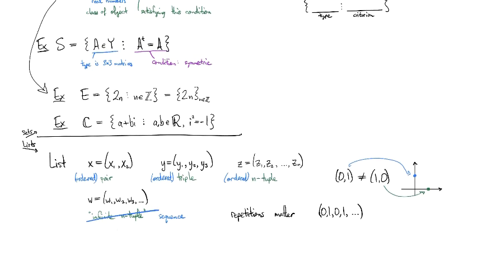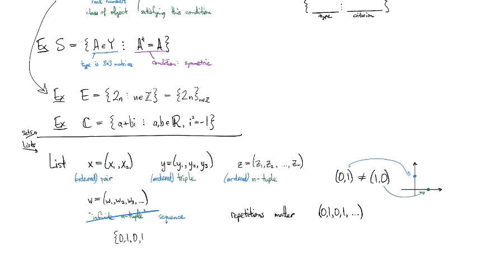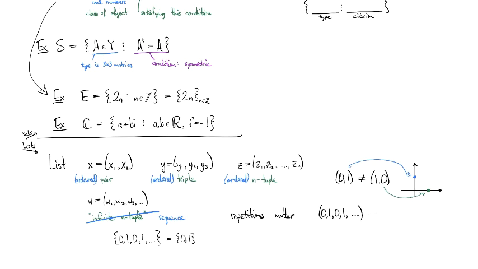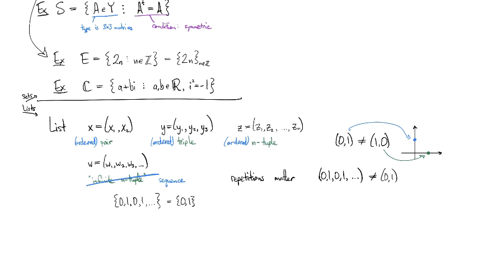As opposed to if I have a set that looks like 0, 1, 0, 1, etc., with a bunch of junk like this, well, sets don't care about repetition. They really only care about the number of distinct values that are in there. So this would be the same thing as just the set 0 and 1 by itself. However, this is not the case for lists. Okay, so that's the difference between sets and lists. And so we will be using lists as our notation for vectors.